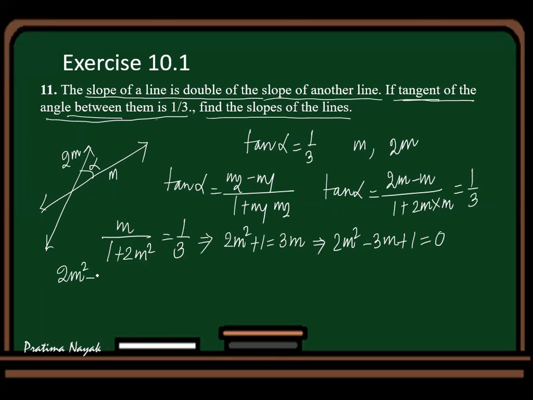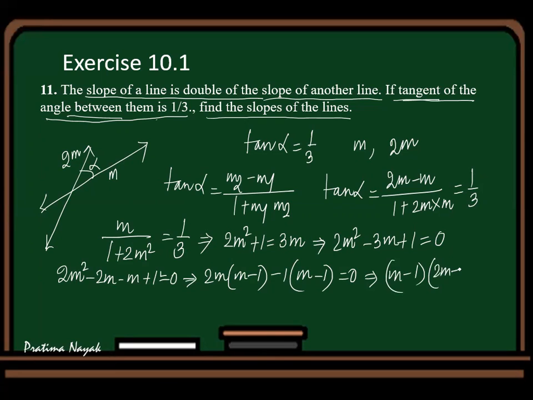2m square minus 2m minus m plus 1 is 0. Now 2m taking common, m minus 1, minus 1 taking common, m minus 1 is equal to 0. So you are getting m minus 1 into 2m minus 1 is 0.